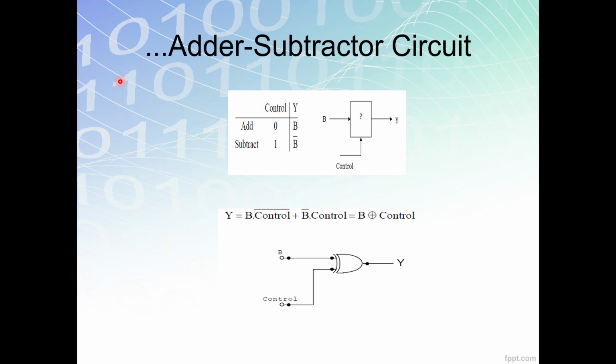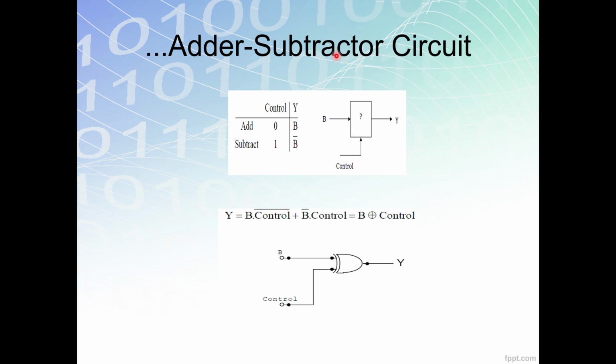If you add, the controller becomes 0 and then you perform B. And if you subtract, the controller becomes 1 and this will become B bar. So we put the controller at the input B, not A. Therefore that's why you have B and B bar.